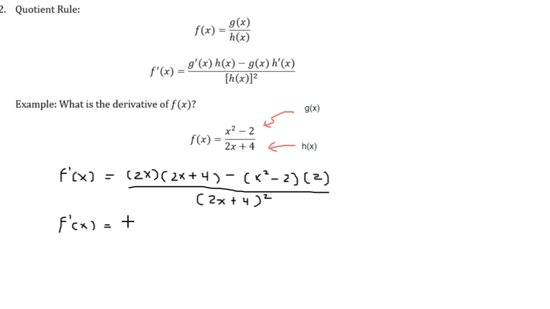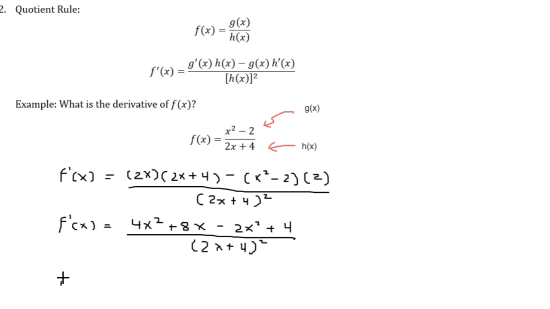So now just do some algebra. On the top, 4x squared plus 8x minus 2x squared plus 4, and that's all over 2x plus 4 squared.